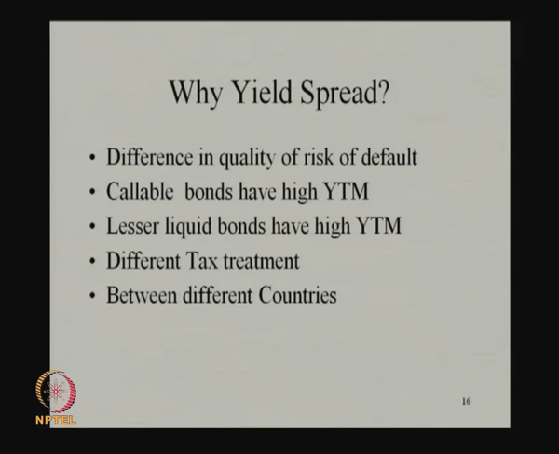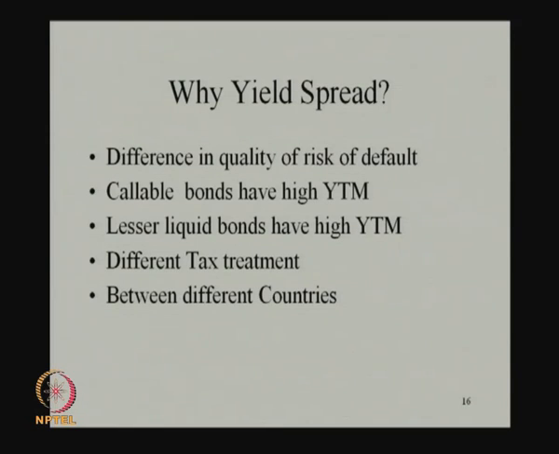And why is there a difference? The difference is because of the quality, the risk of default, as I already told you. Then we have callable bonds with high yield to maturity, and less liquid bonds with high yield to maturity. If a bond is tax exempted, then the return is lower than a bond with no tax exemption.